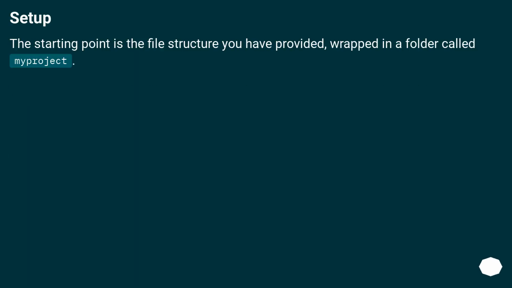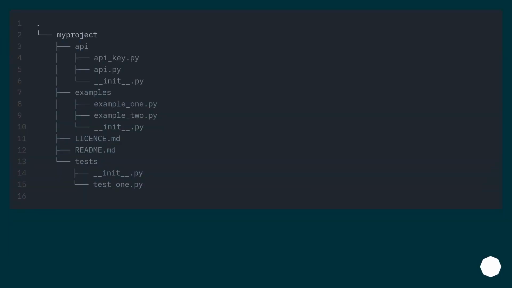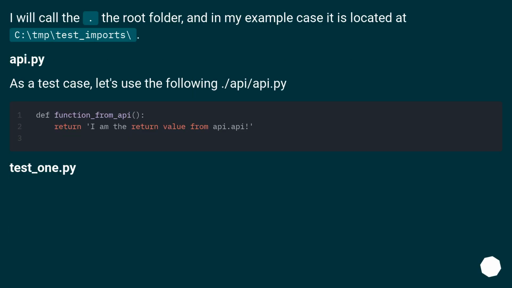Setup. The starting point is the file structure you have provided, wrapped in a folder called myproject. I will call the folder the root, and in my example case it is located at c:/tmp/test_imports/api.py.